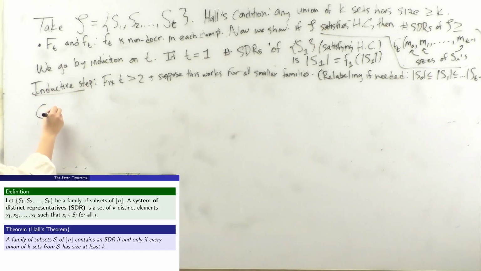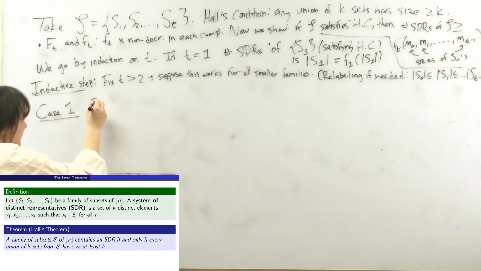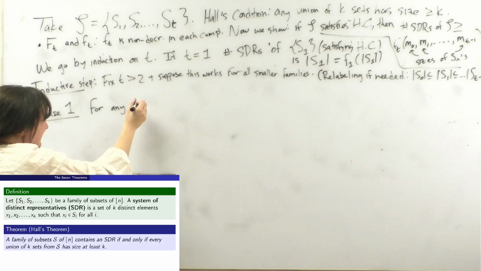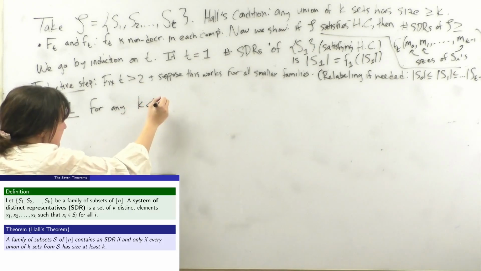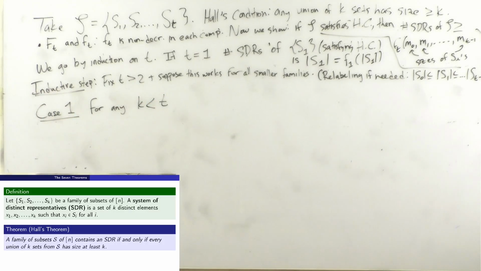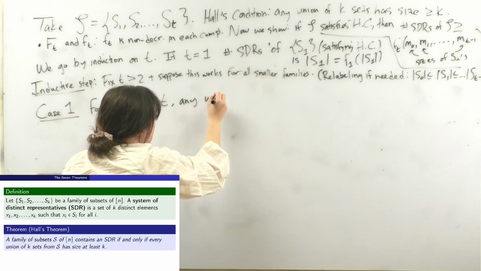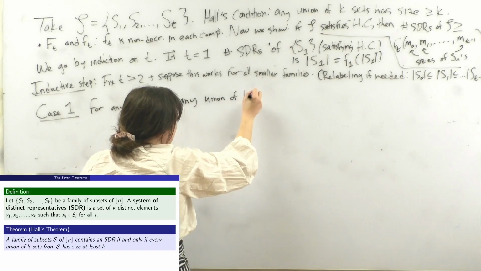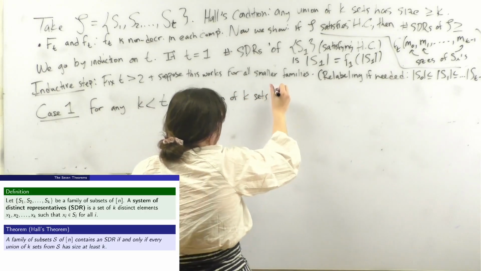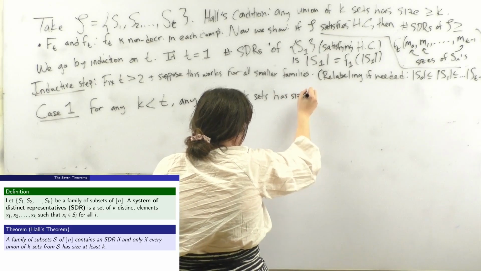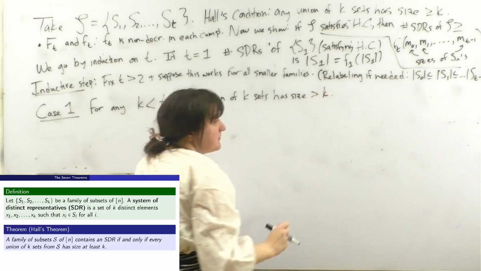So case 1. For any k smaller than t, so any positive integer that I take which is not the whole size of my family, any union of k sets has size strictly bigger than k.